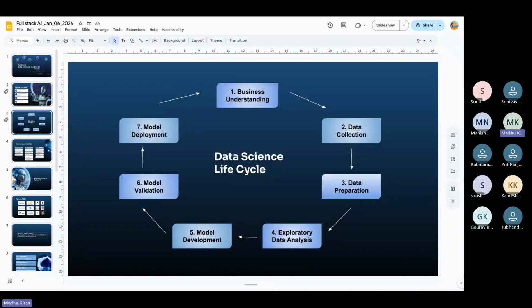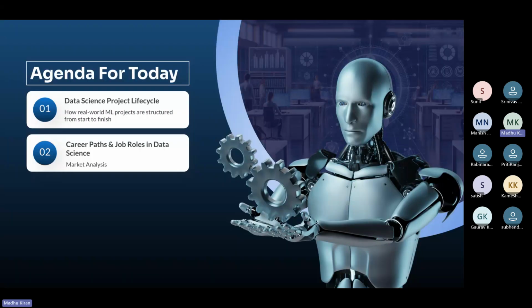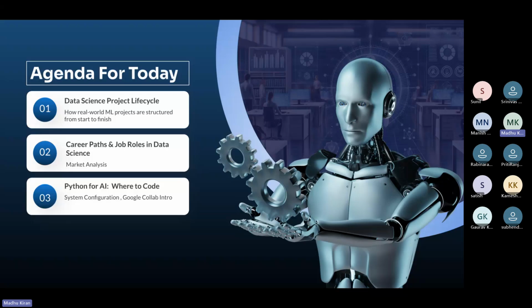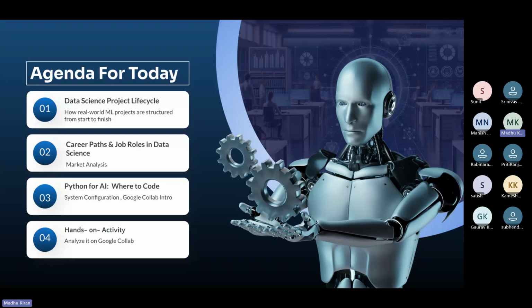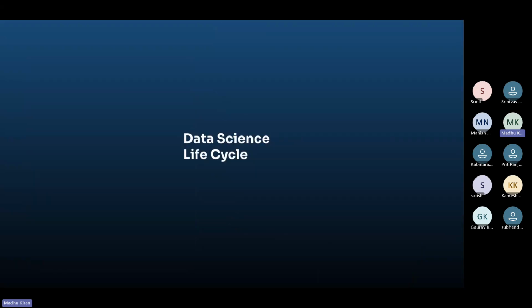And then we are going to discuss career paths, and then we start with Python for AI, where exactly to code, the Google Colab Notebook introduction, then the hands-on activity, the official lesson one of Python foundations. So let's start with the data science project life cycle.